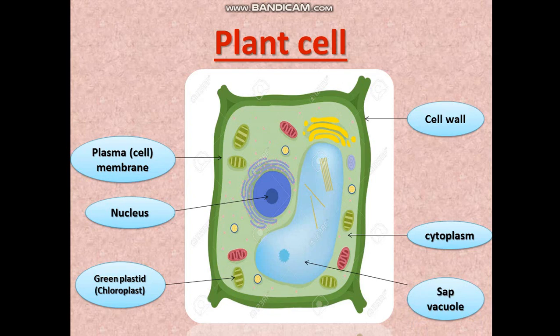The nucleus, yes, excellent, like the brain of the cell, which is responsible for cell division and organizes all biological operations, and green plastid or chloroplast is responsible for making food by absorbing what? Great, by absorbing sunlight.